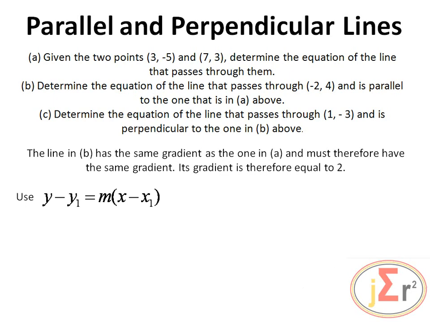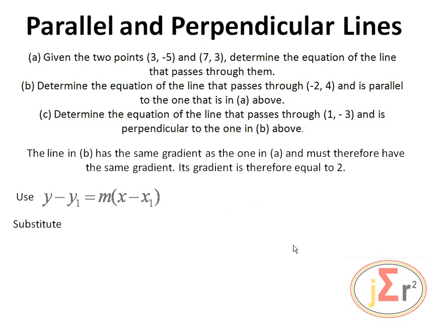We are going to use y - y1 = m(x - x1). Our point has x-ordinate negative 2, which goes here, and y-ordinate 4, which goes there. And of course, the gradient is 2 because it has to be the same as the one in A, because they are parallel.